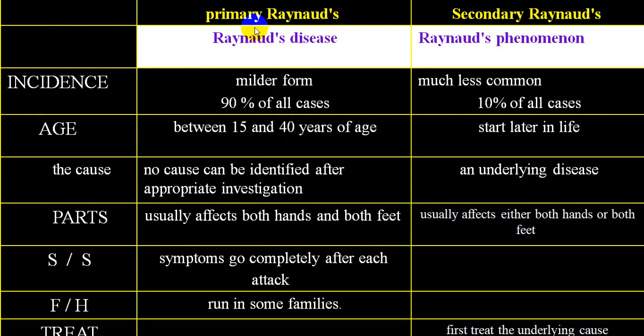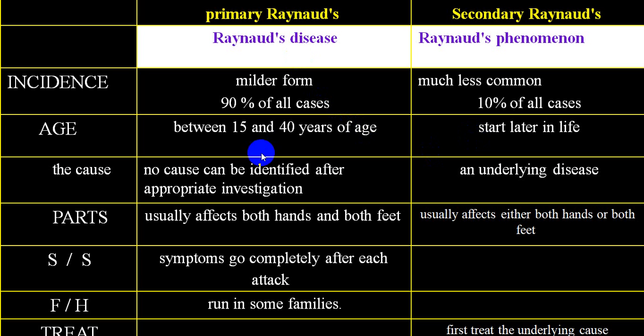In systemic sclerosis, we'll divide into two groups, primary Raynaud's and secondary Raynaud's. In primary Raynaud's, 90% of all cases are there with Raynaud's phenomena. While in secondary, it will be more than 10%, but less common. Age in primary Raynaud's is between 20 to 40, while secondary Raynaud's is usually later in life.